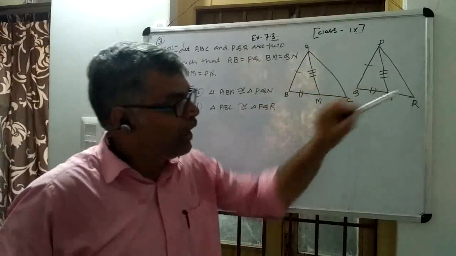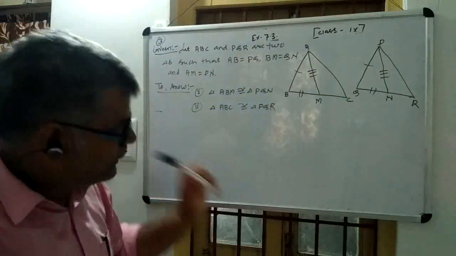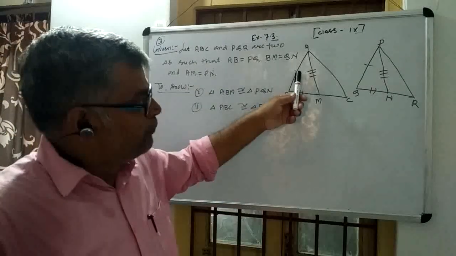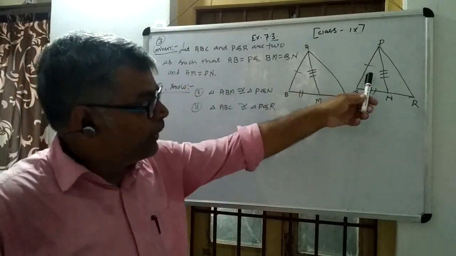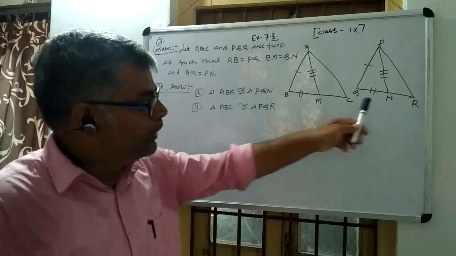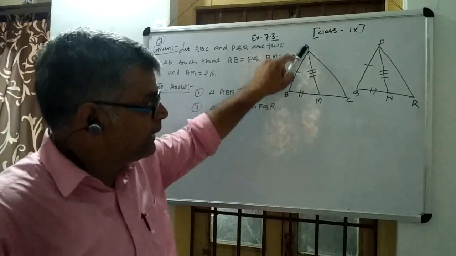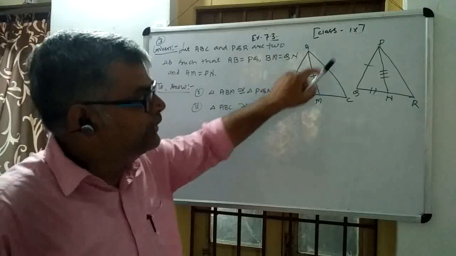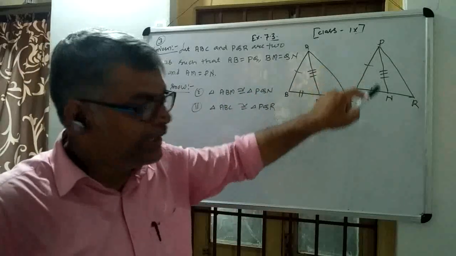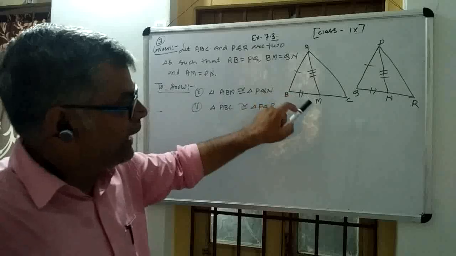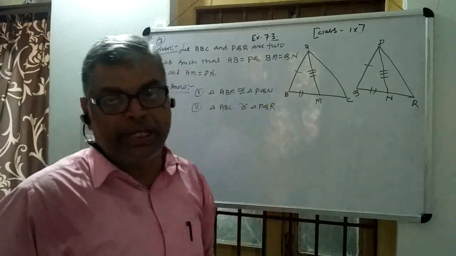ABC and PQR are two triangles such that AB equals PQ, BM equals QN, and median AM is equal to PN. PN is also a median. Median AM is equal to median PN.